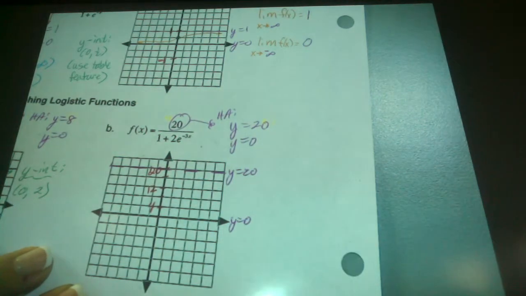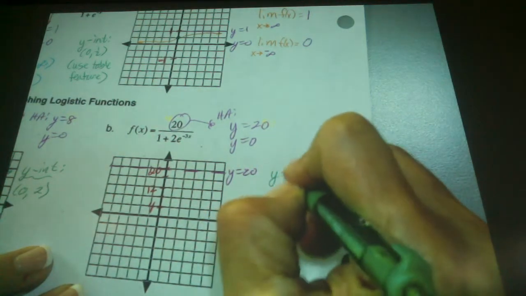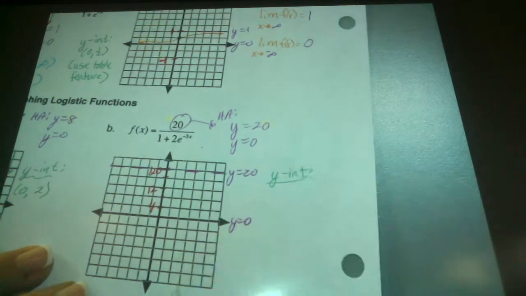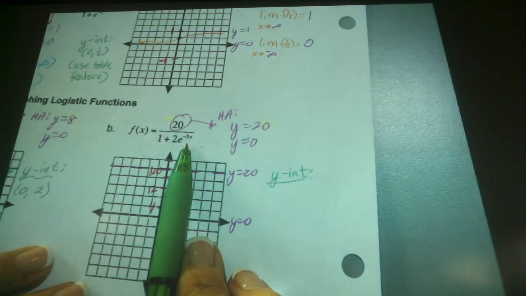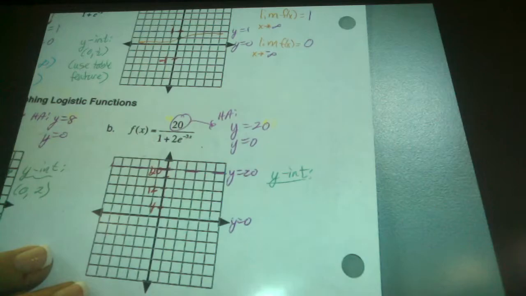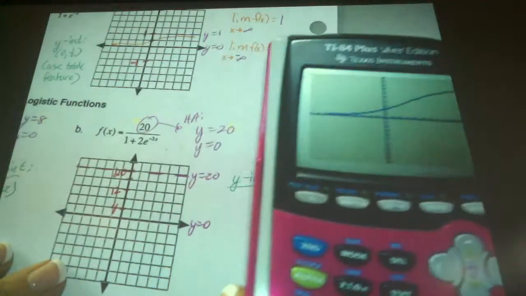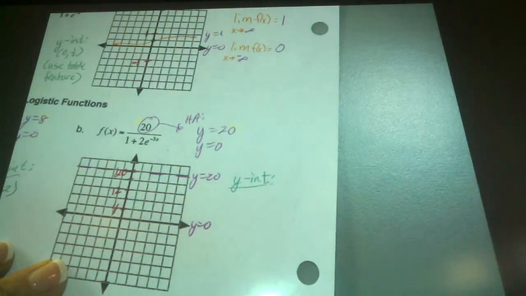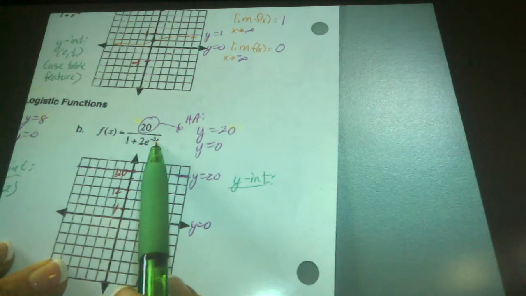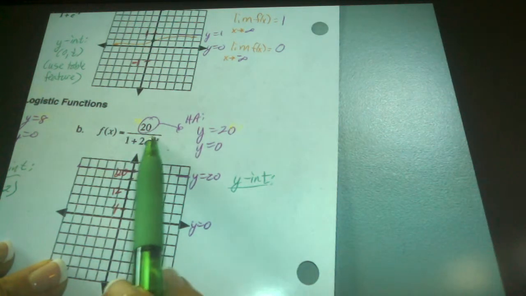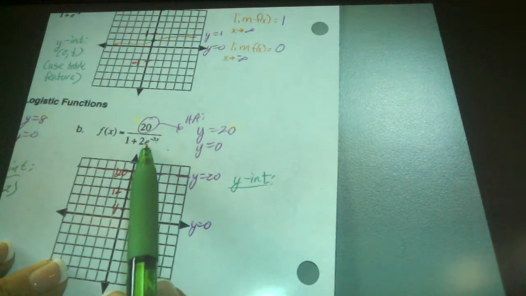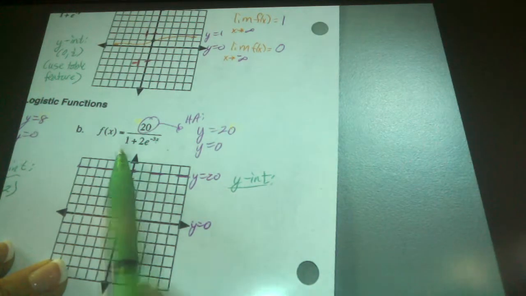So my y-intercepts, I can also do without my calculator. If I let x equal 0, oh, well this one's a little harder, isn't it? No, it's not. If I let x equal 0, isn't the e the only thing being raised to 0? So e to the 0 becomes 1. Times 2 is 2, plus 1 is 3.